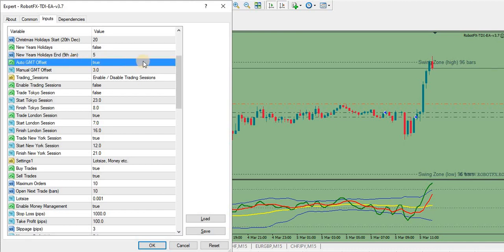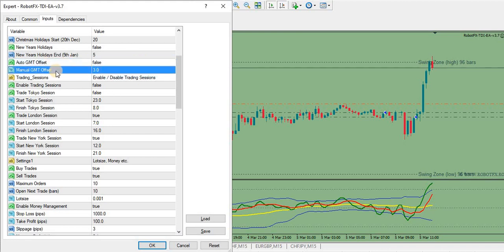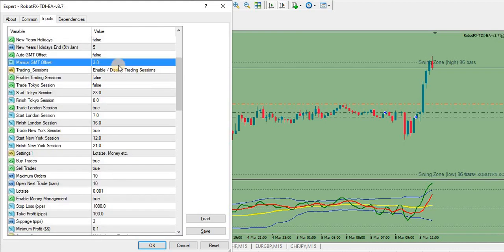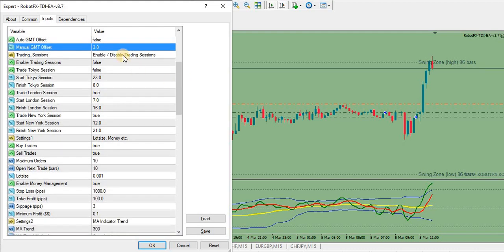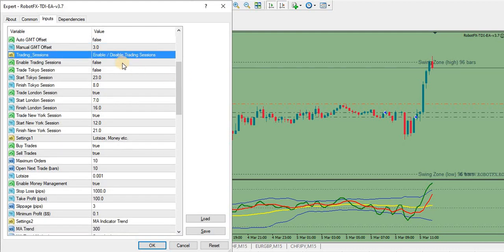If you are using the strategy tester that doesn't have the option to set this automatically, then you should set this to false and set your manual GMT offset. Obviously, this is the difference between your time zone and GMT, the Greenwich time.